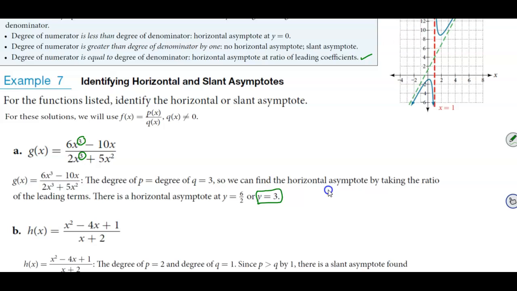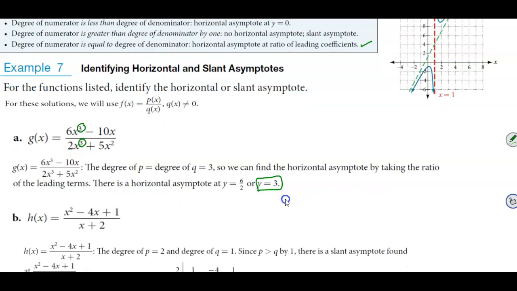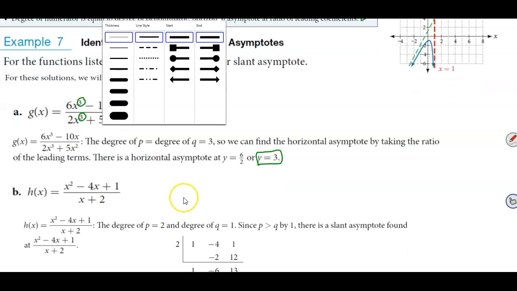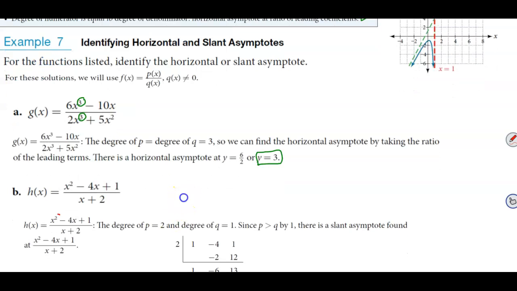Now let's take a look at the next question, which is part B. Part B is asking us about the function h of x, which is equal to x squared minus 4x plus 1 over x plus 2. If we take a look at the degree of the numerator, which is 2, and the degree of the denominator, which is 1, we can see that the degree of the numerator is greater than the degree of the denominator.